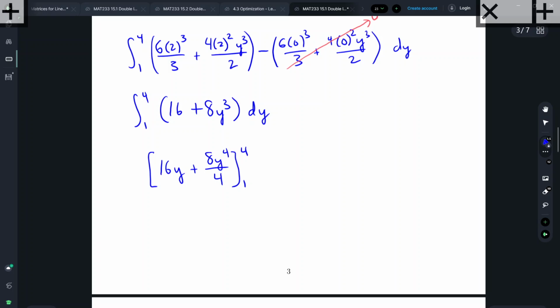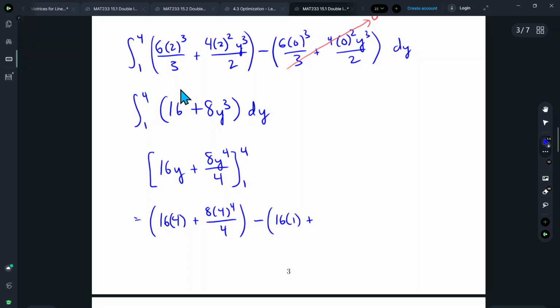Okay, so now we just calculate. Plug in the top number: 16 times 4 plus 8 times 4 to the 4th over 4, minus 16 times 1 plus, let's simplify things, 8 divided by 4 is 2, and 1 to the 4th.